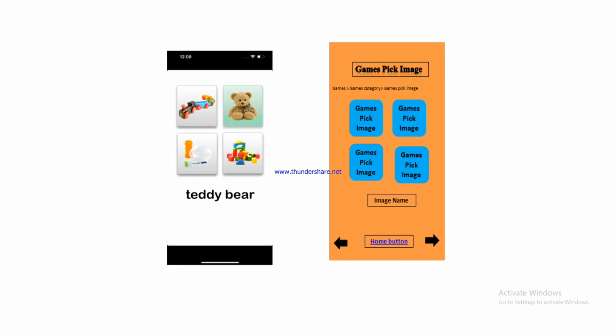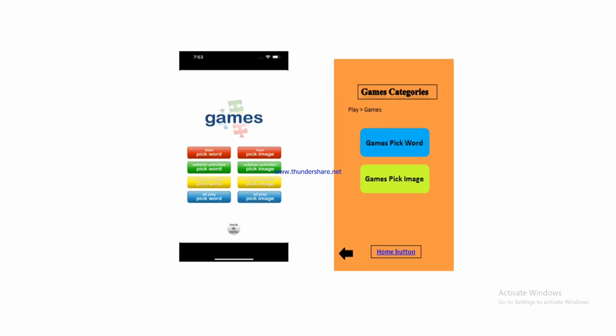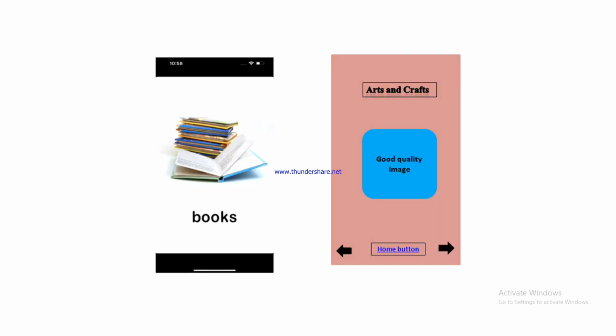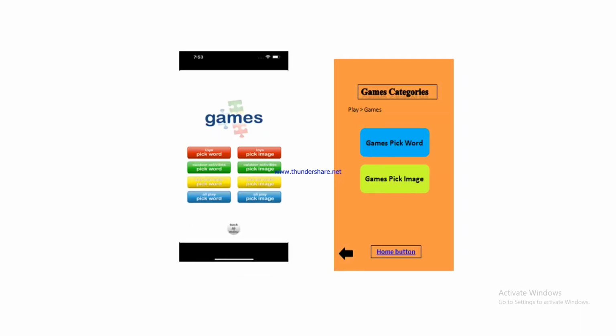I have added a home button, I have added more learning options, I have improved the picture quality, then I have added the path on each page that was missing before. Then I have added more categories. Then I have added forward and backward options in the new design.